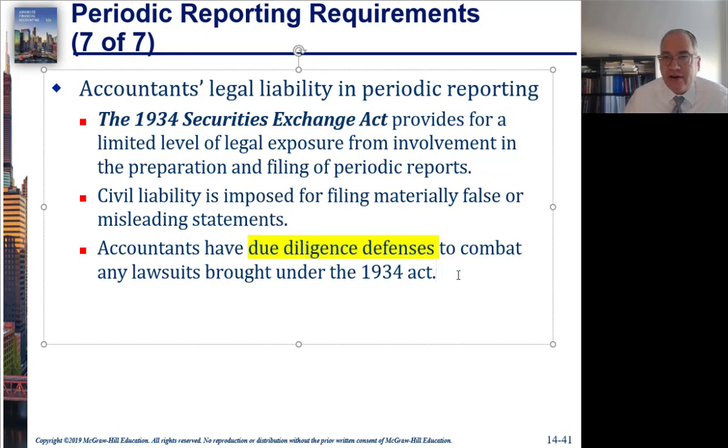And an accountant, as long as the accountant can appropriately use due diligence, in other words, they did their job. I did what I'm supposed to do. This is what auditors are expected to do when they audit financial statements, and that's exactly what I did, and here's the working papers. And as long as they can show they did their job and they did everything at a professional level, then that would be an adequate defense.